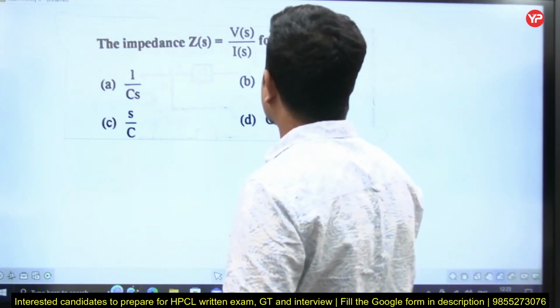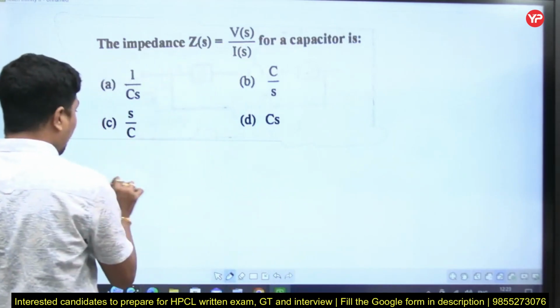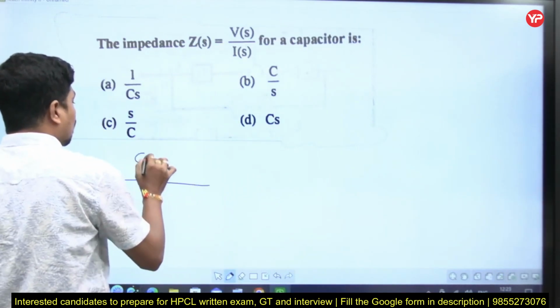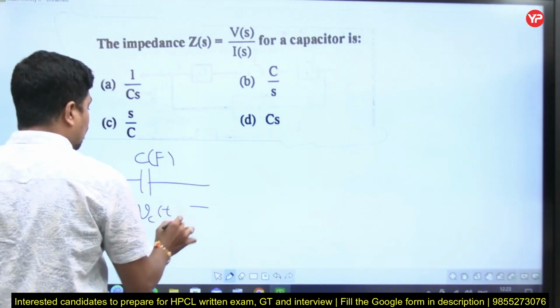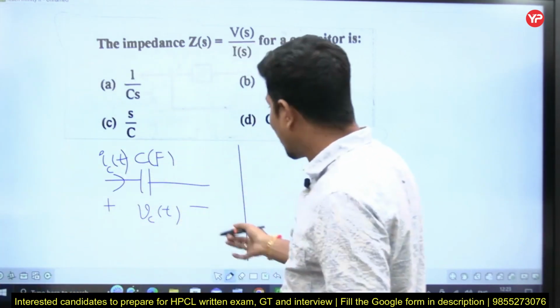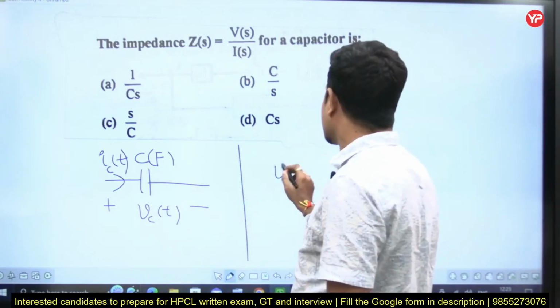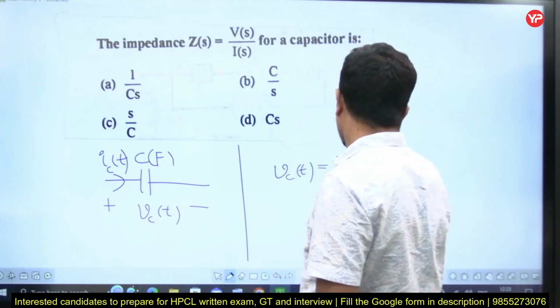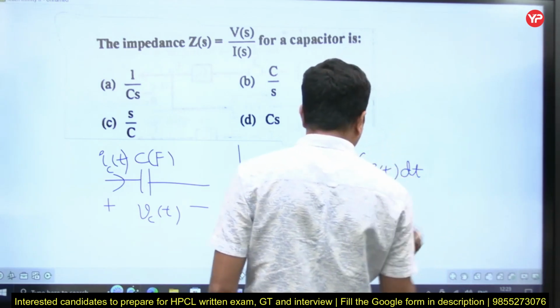The impedance Z(S) is equal to V(S) by I(S) for a capacitor. See, capacitor in the time domain, this is C in farads, this is Vc(t), this is Ic(t). Now if I apply Laplace, what is the voltage across a capacitor formula? Vc(t) is equal to 1 by C integral I(t) dt.